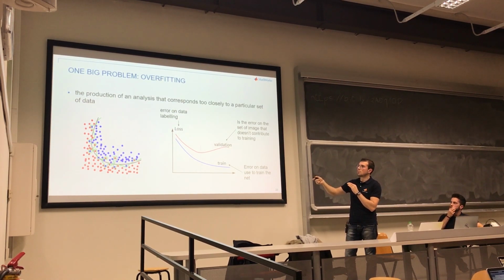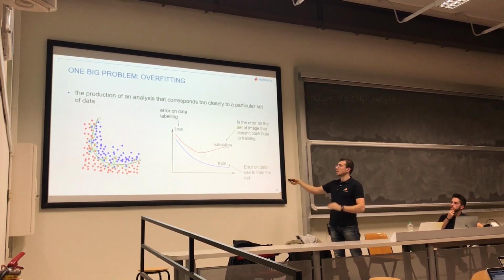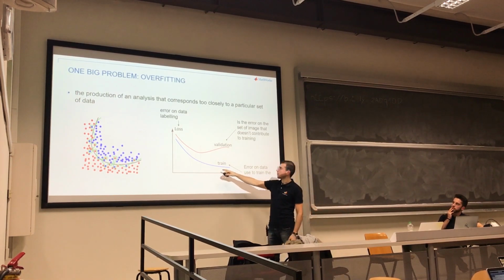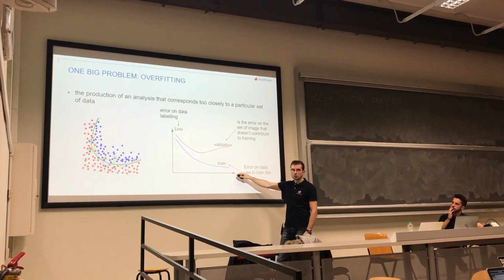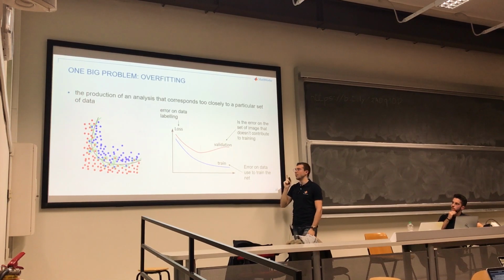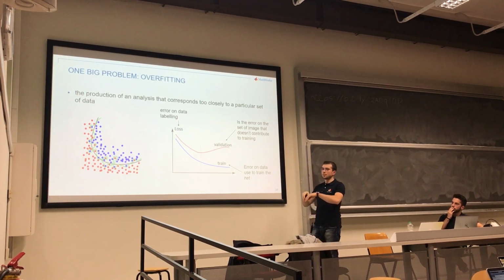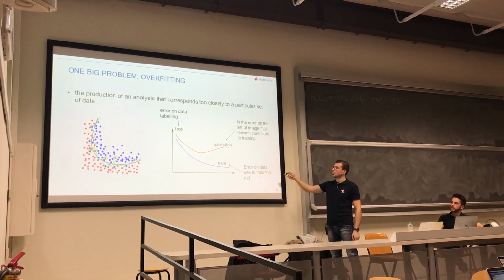So we are building this green line. If the training is performing well, so it's decreasing, but the validation is not converging, so it diverges. Okay, it doesn't converge. It means that we are going to do overfitting.